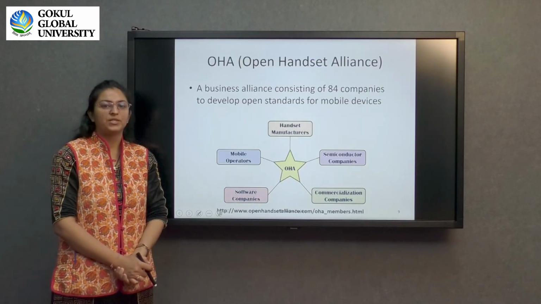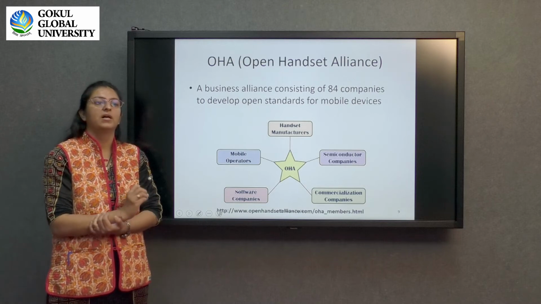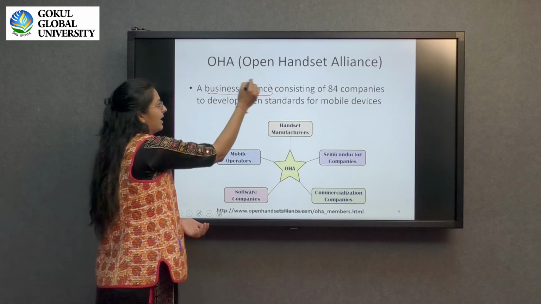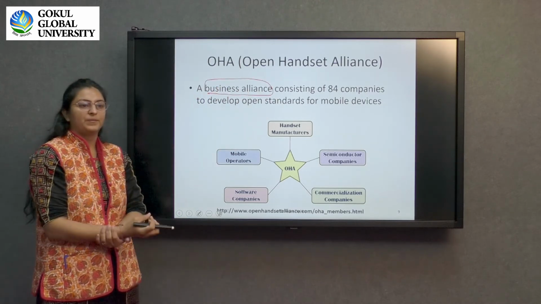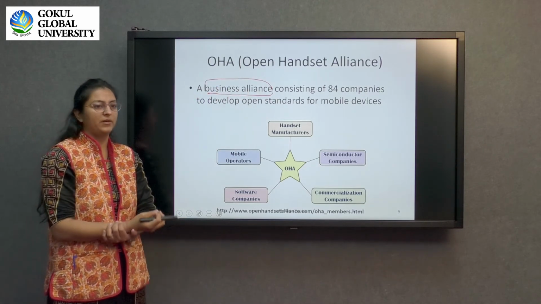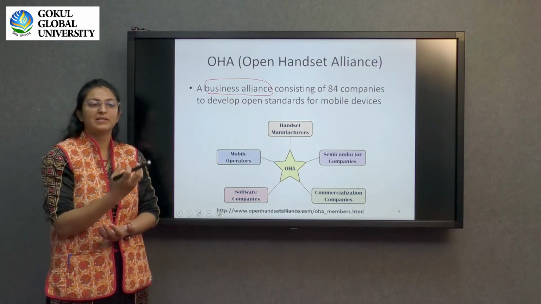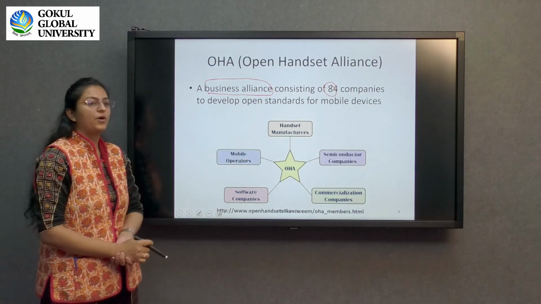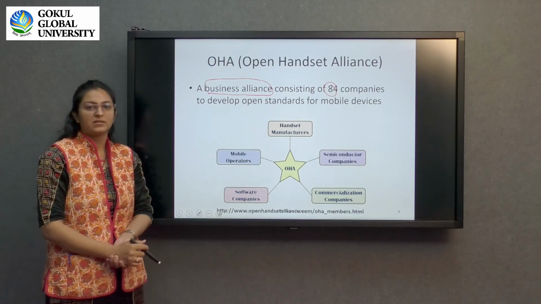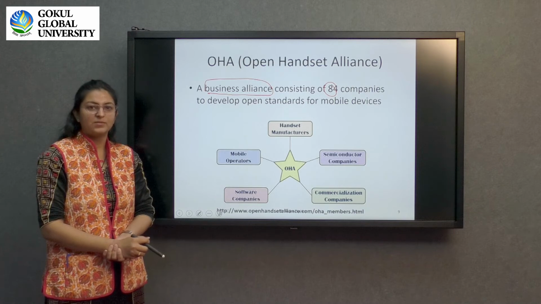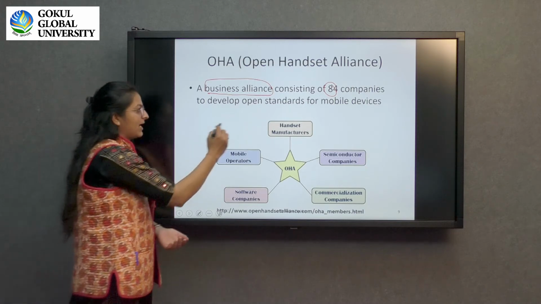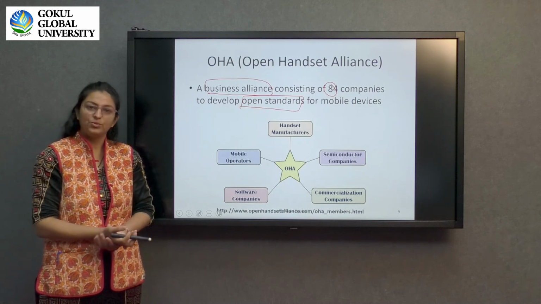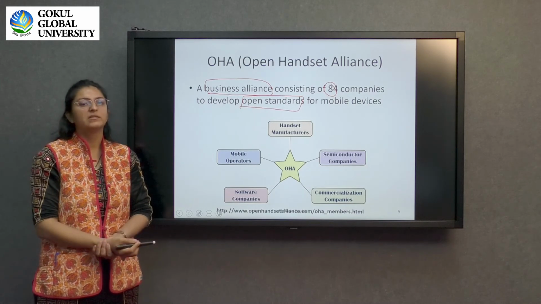Android has the Open Handset Alliance, OHA. It is a business alliance, a gathering of more than 84 companies for developing open standards for mobile devices and mobile applications, and they are sharing some open standards which they can use for manufacturing the devices.